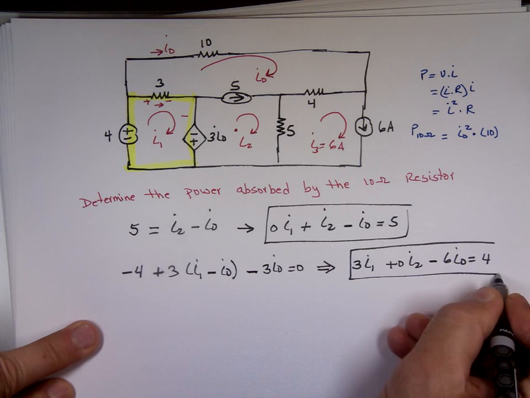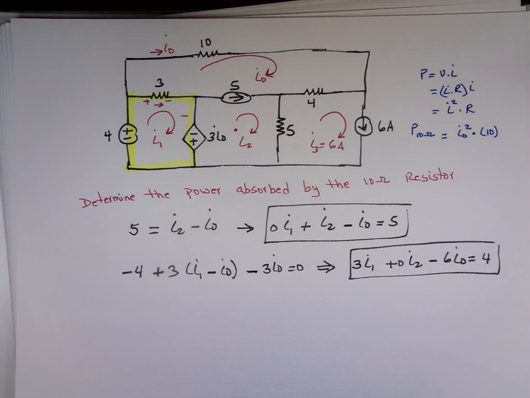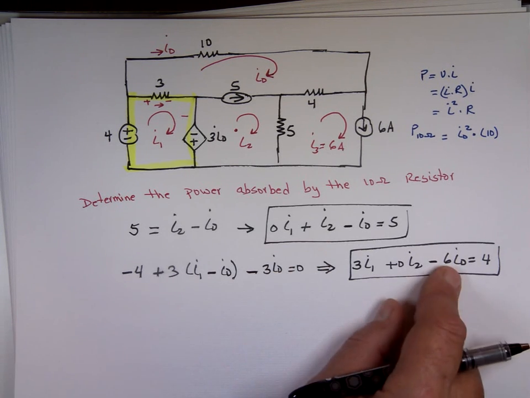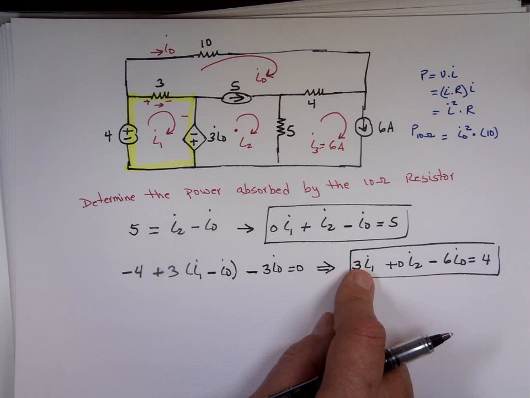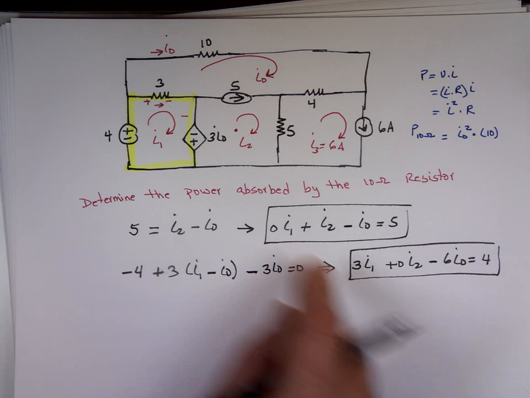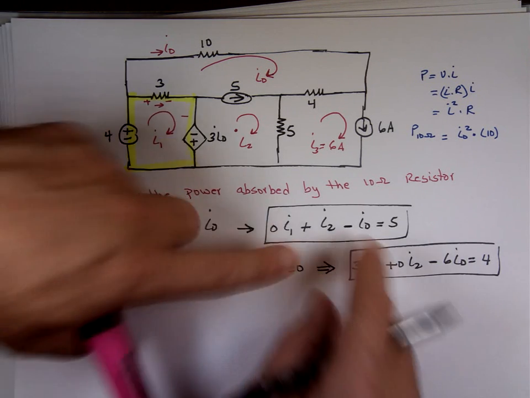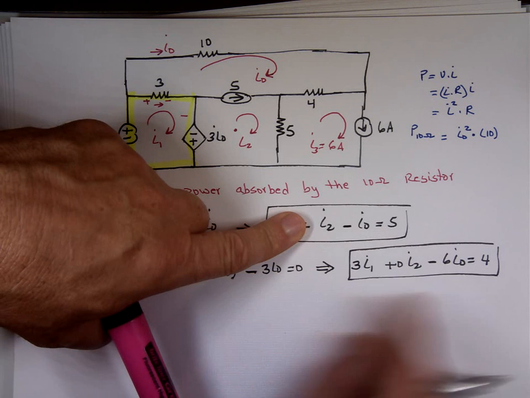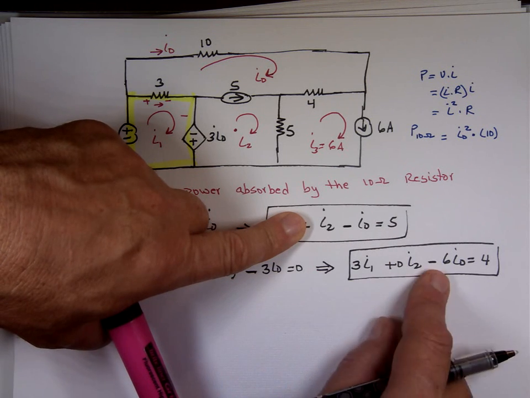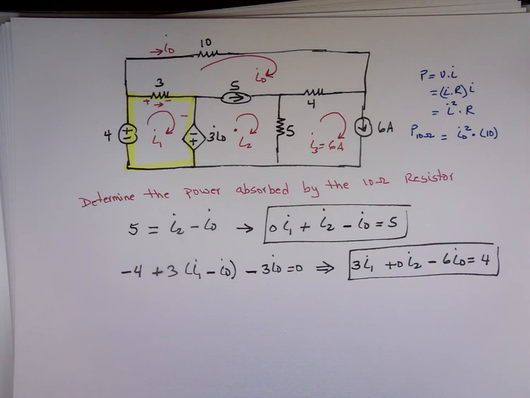Could you say 3 I sub O is equal to I sub 1 minus 5? 3 I sub O equals I sub 1 minus 5. I sub O equals I sub 2 minus 5. You can use substitution. You can do it right here too, yes. I'm just taking the easy route, setting them up for my calculator. But you could solve by substitution.